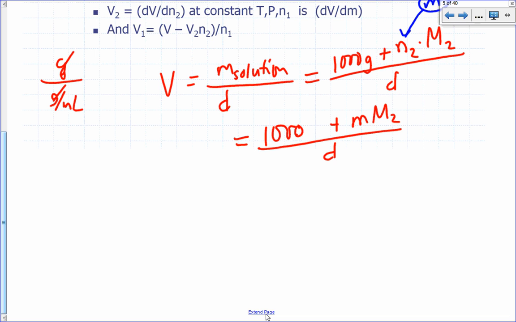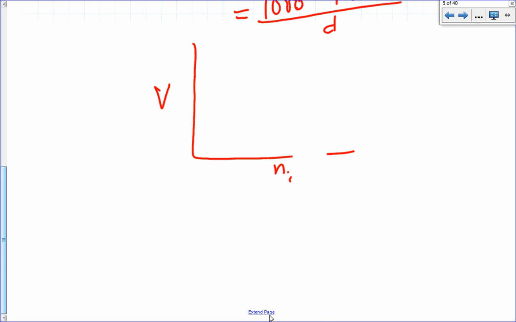What you would do is plot the volume versus the number of moles of component 2, or versus molality. So versus N2 or molality. You might have data that looks like this.